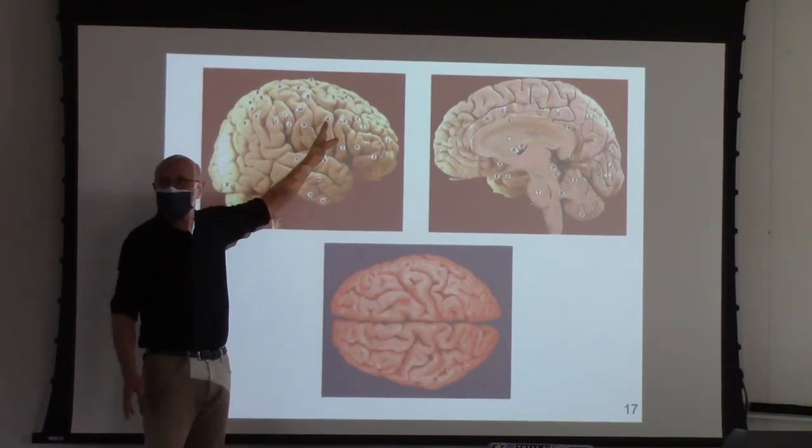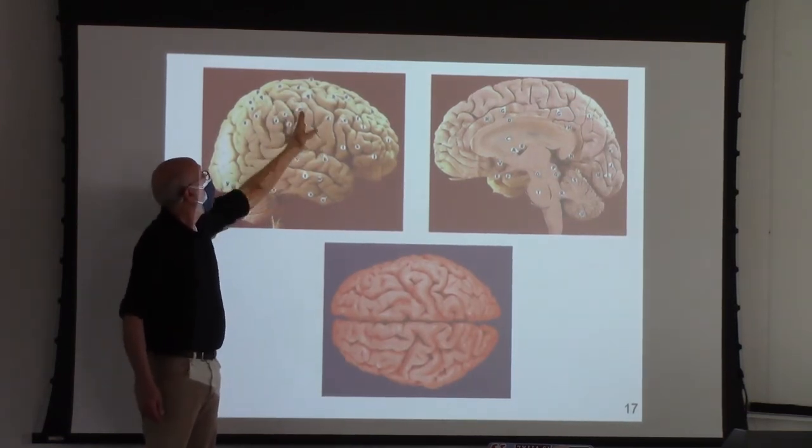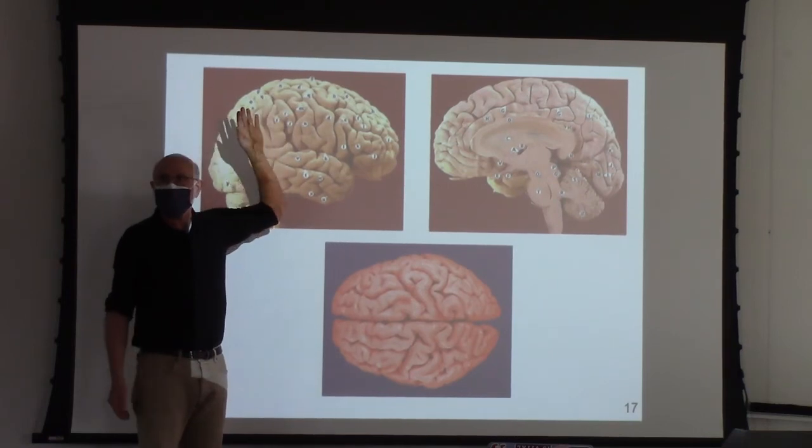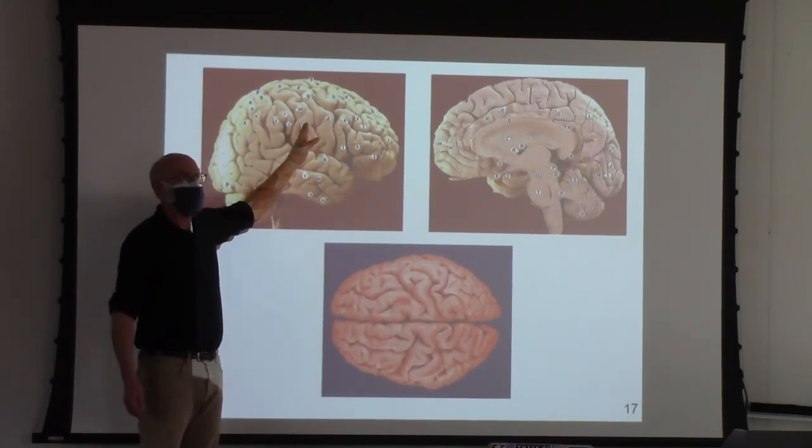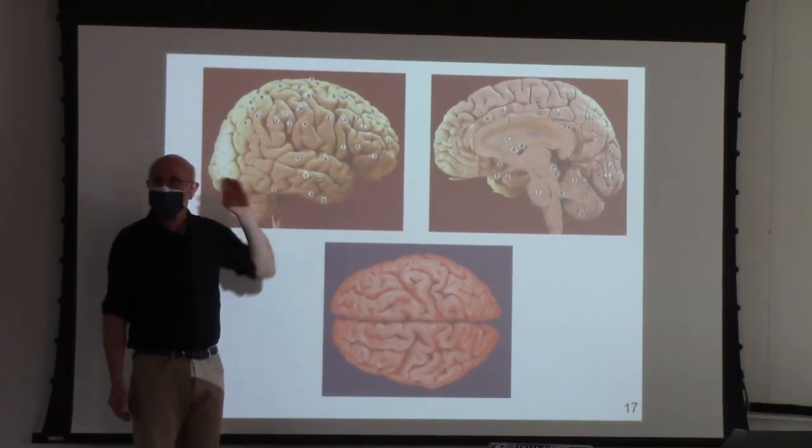The name is kind of helpful. Before. Precentral gyrus. It's part of the frontal lobe because it's pre to the central sulcus. This gyrus here, I bet you know what the name of that one is already. It's the postcentral gyrus. And it's part of the parietal lobe because it's post to the central sulcus.